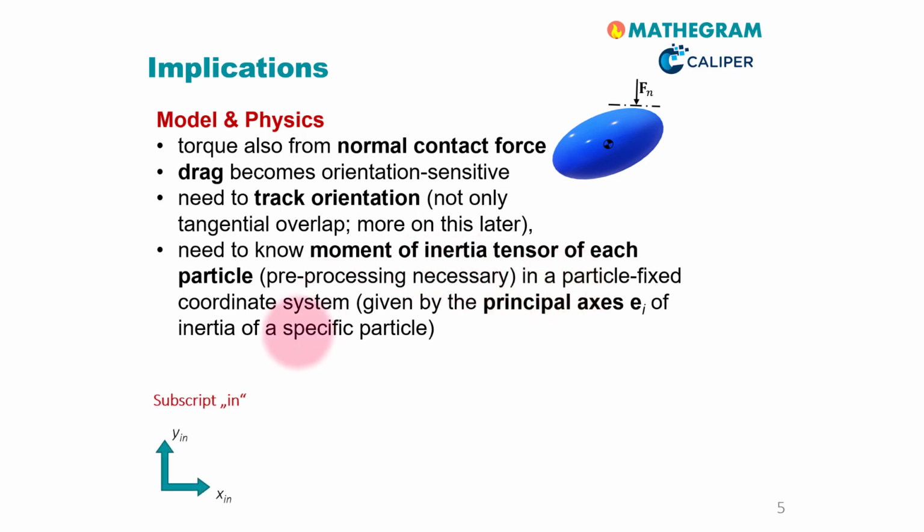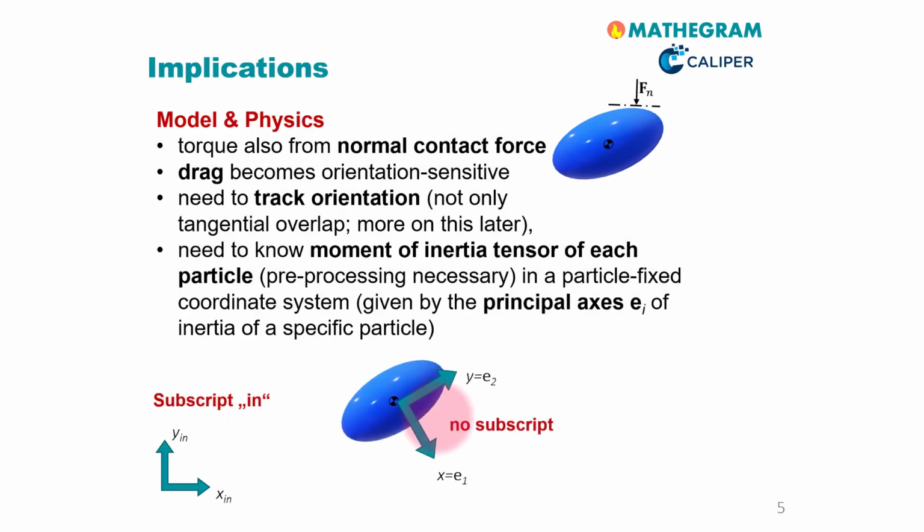This particle fixed coordinate system is different from the inertial or global coordinate system that has here subscript in. In contrast, the particle fixed coordinate system has no subscript. We will keep this notation throughout this unit of the MOOC.